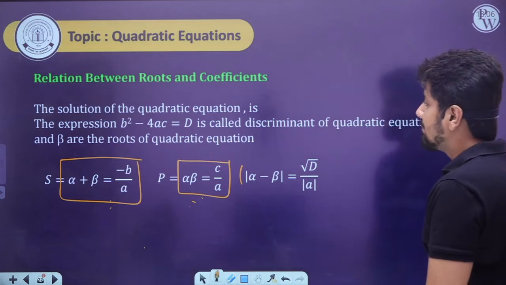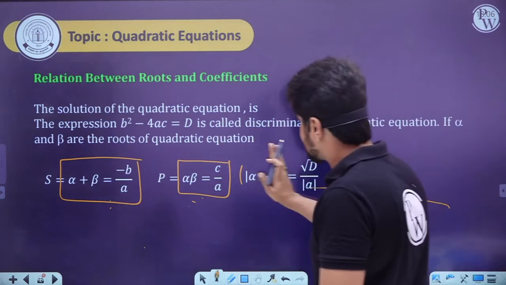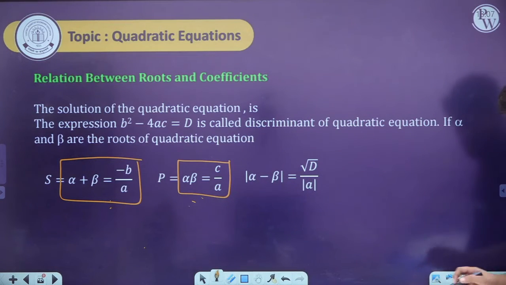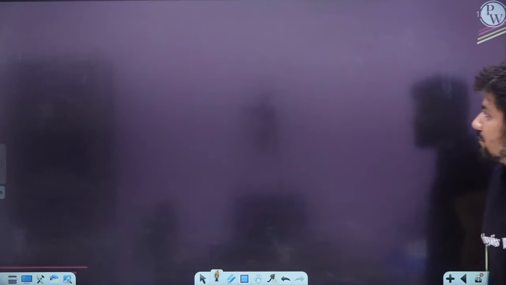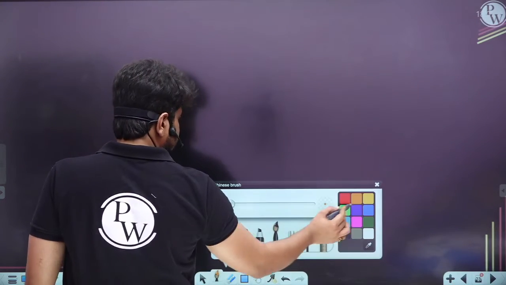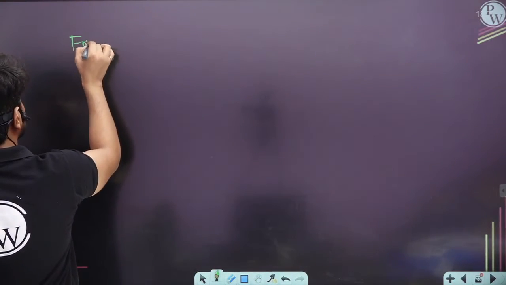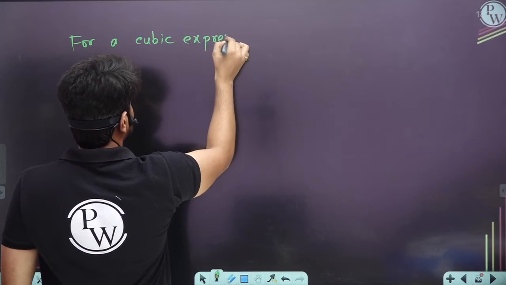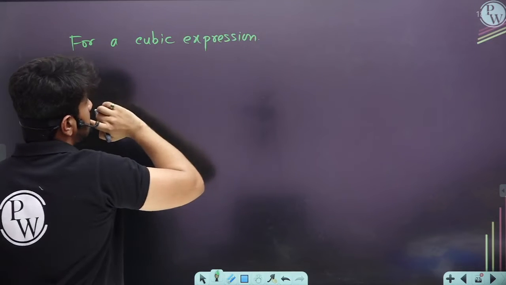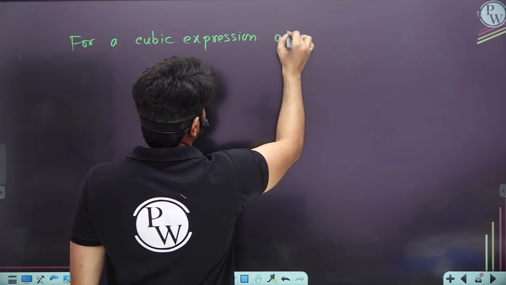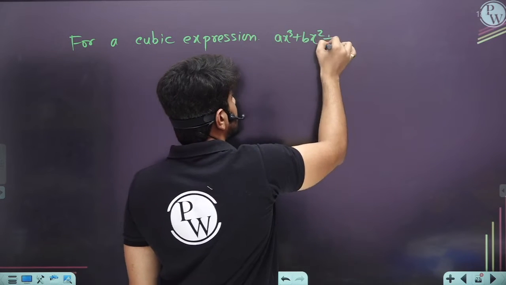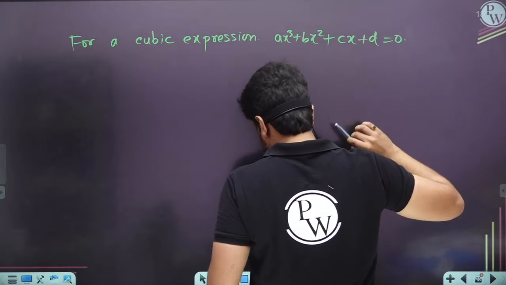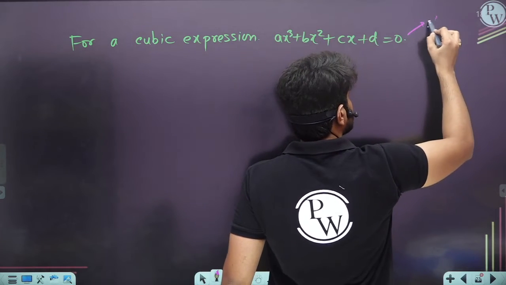Like basically this thing also works for a cubic expression. This thing is going to work for cubic, degree 4, degree 5 expressions. Suppose for a cubic expression, ax cube plus bx square plus cx plus d equal to 0, if its roots are alpha, beta, gamma.